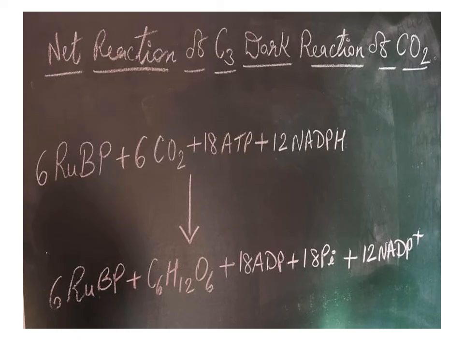Here various reactions are taking place in the presence of different types of enzymes, such as in carboxylation, carboxylase is taking place to convert into 2-carboxy 3-keto 1,5-biphosphoribitol. The second is also known as the reduction phase, also known as the glycolytic reversal.